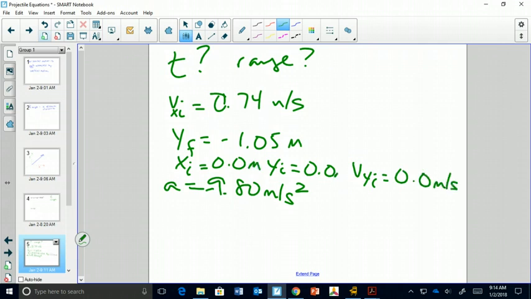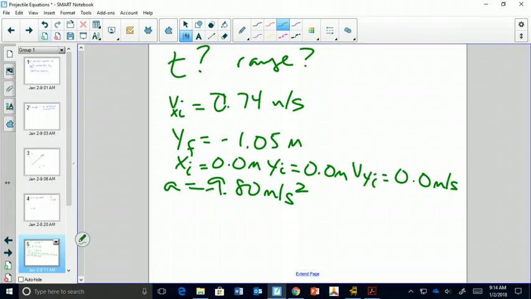Right? In other words, this guy is not starting off falling, it's just starting off sliding. You say, wait, Mr. Hess, it has velocity already, right? 0.74. But that's in the x, because it's sliding across the table at that velocity.